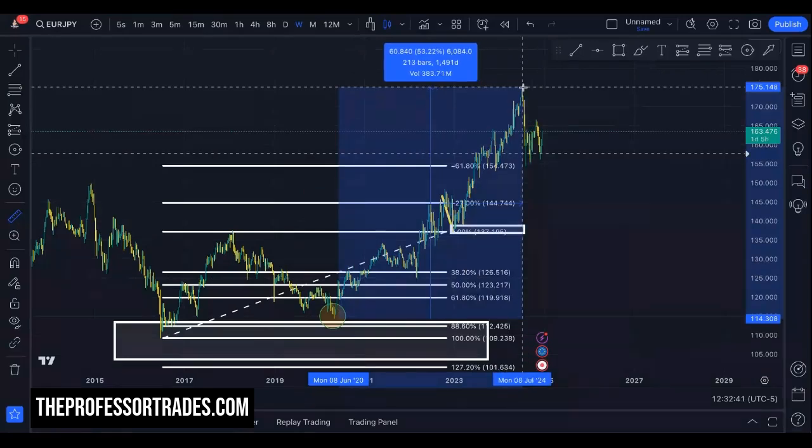So those people that held from June 2020, 6,084 pips, right? Now, of course, we're not going to be holding something for 3 years, but you get the point.